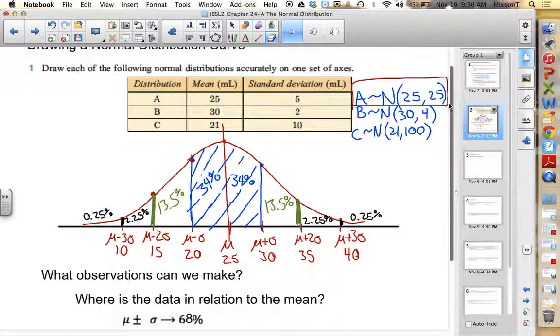So B, I'll sketch it here. B, with a mean at 30, its mean might be here. Actually, I should make that a little taller. But with a standard deviation of only 2, we're going to be reaching that third standard deviation at 36, which is right here.